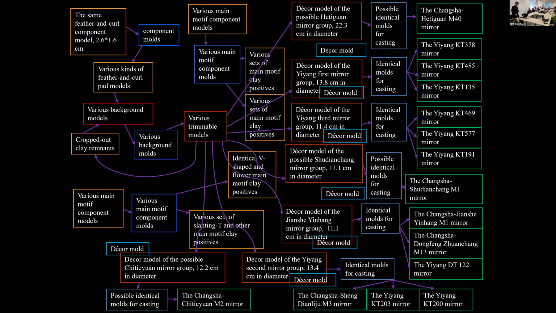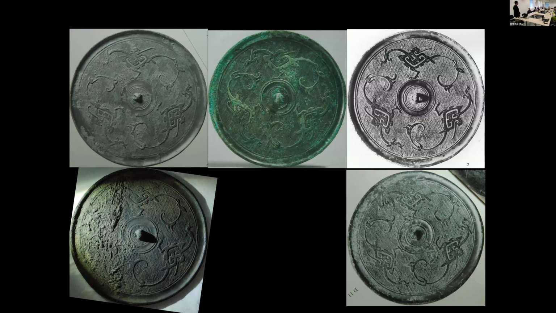Very complicated, but you see, starting from the single component model, we underwent lots of different stages and then produced these mirrors. If we are talking about industrial production, of course, they are not only talking about one group of mirrors. That's a waste, if you only produce one group using this method.